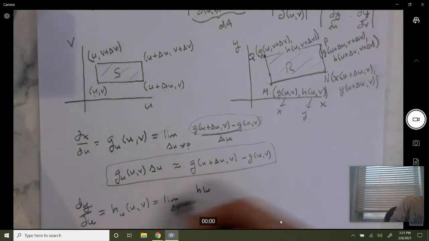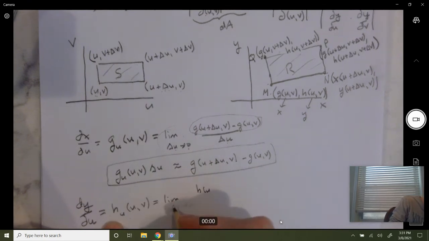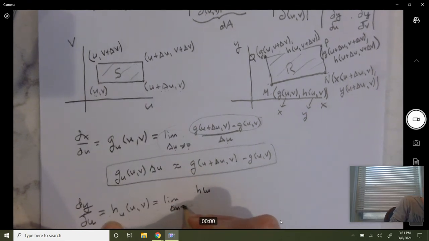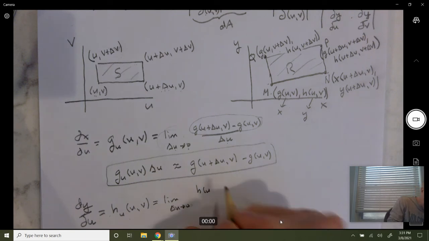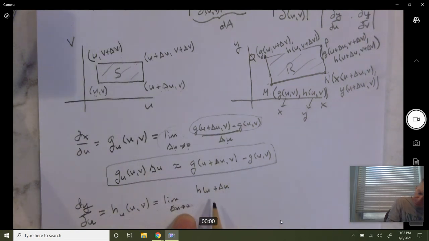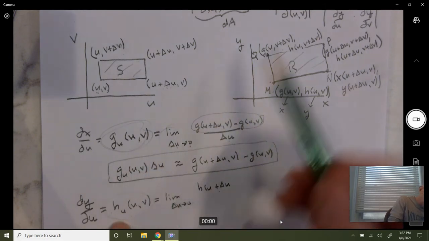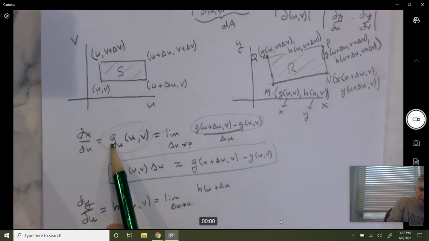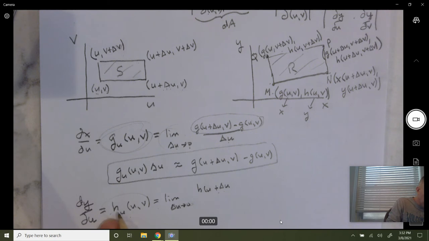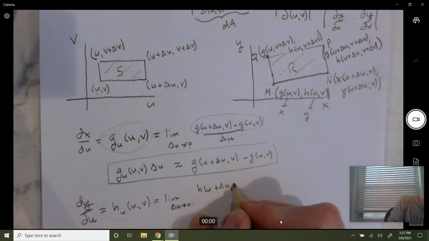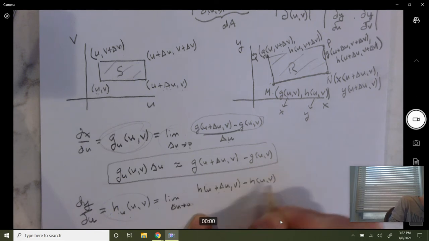I'm sorry, I don't want delta v going to 0; it's still a u partial derivative, delta u going to 0. So that's going to be h of (u plus delta u, comma, v). Remember, we're still adding this to the x coordinate, but this is our y value. The g function is how we calculate the x value, and the h function is how we calculate the y value. So, h of (u plus delta u, comma, v) minus h of (u, v), over delta u.